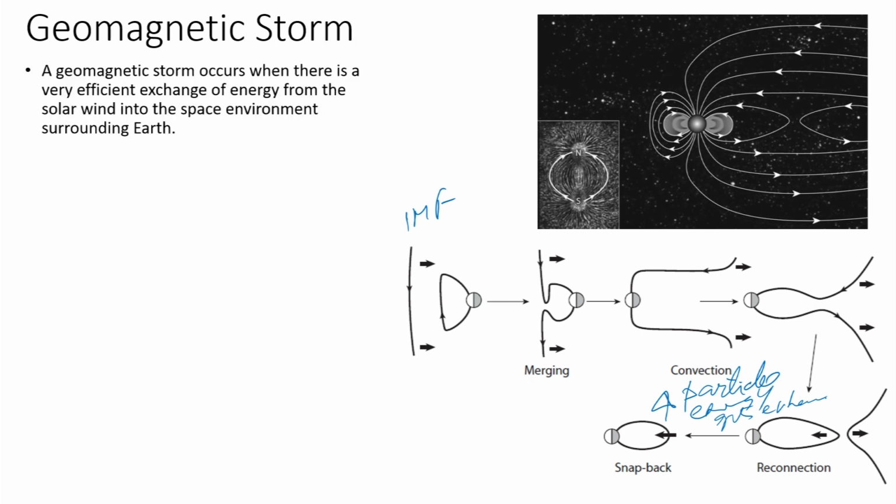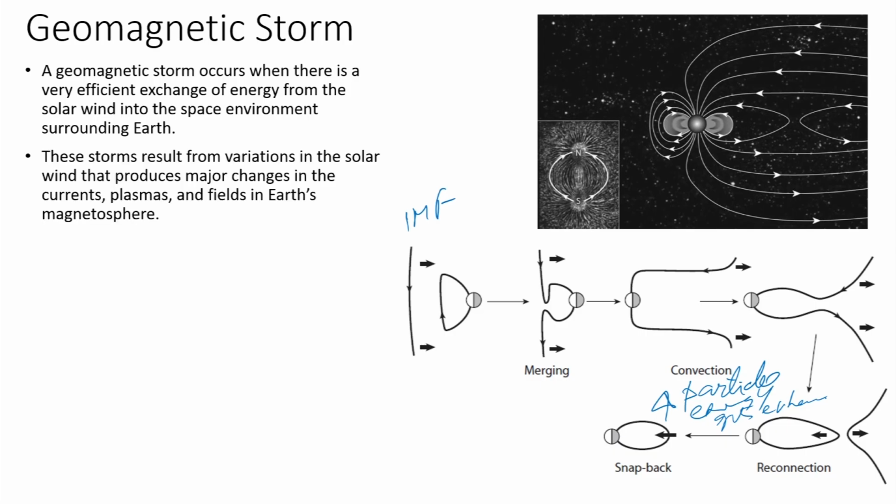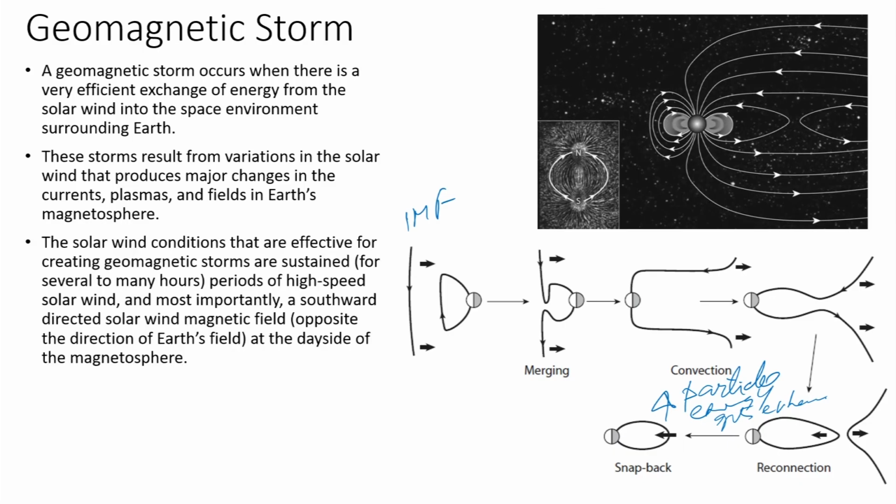As I already said, a geomagnetic storm occurs when there is a very efficient exchange of energy from the solar wind into the space surrounding the Earth. This energy exchange happens by magnetic reconnection, and these storms result from variations in the solar wind that produce major changes in the current plasma and fields in the Earth's magnetosphere. Solar wind conditions effective for creating geomagnetic storms are sustained periods, from several to many hours, of high speed solar wind, most importantly a southward directed solar wind magnetic field.